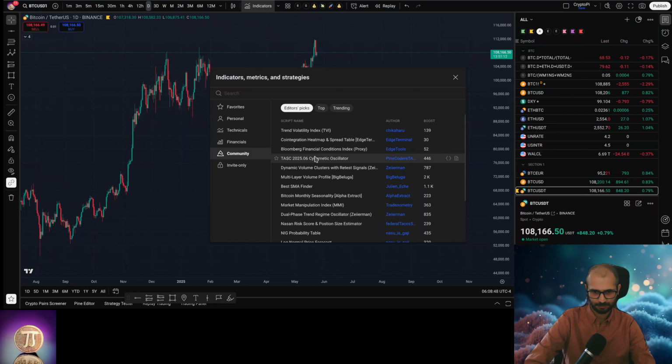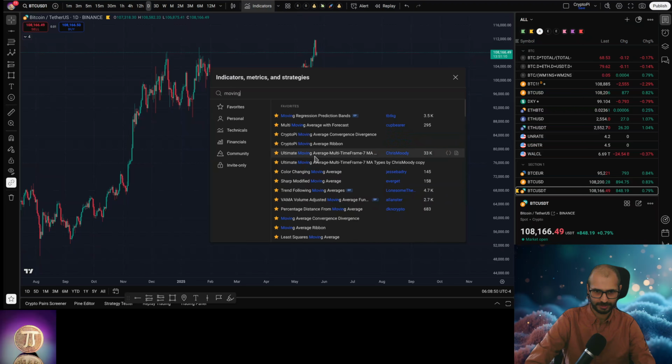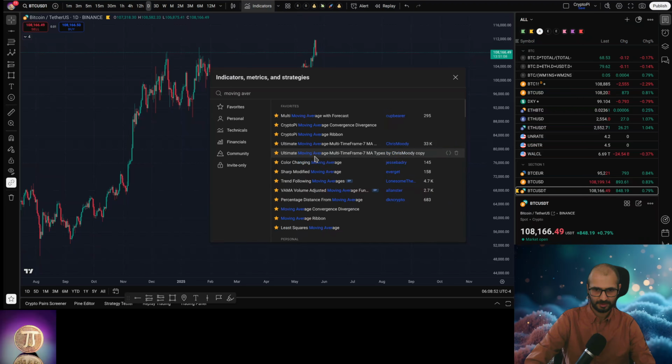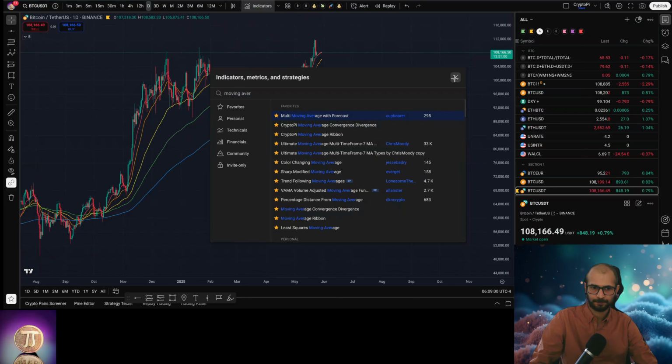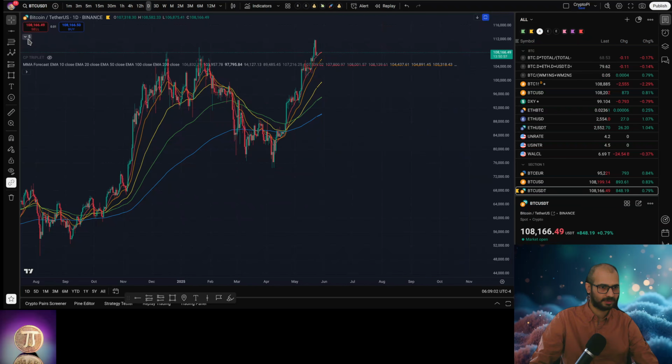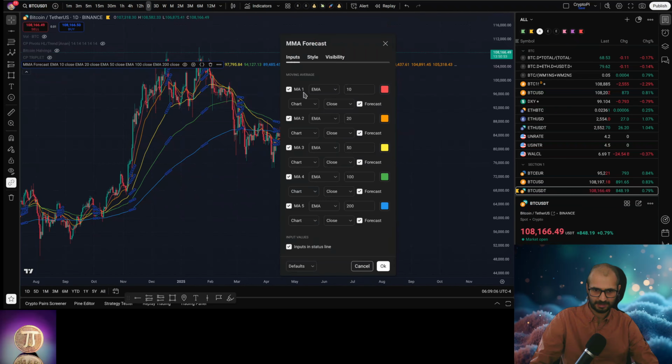Let's take one of the simplest ones, the moving average. So here there is an indicator, multi-moving average with forecast. Let's see what this one pops up. Yeah, in this one it's a moving average, and there are 5 moving averages plotted. All of them compute an exponential moving average of the price action.